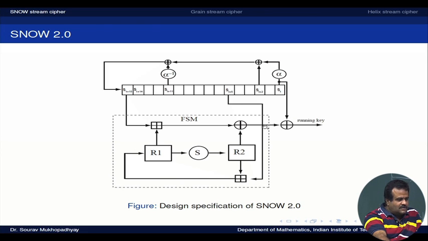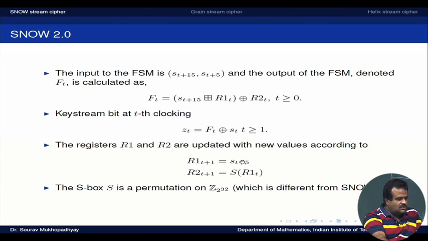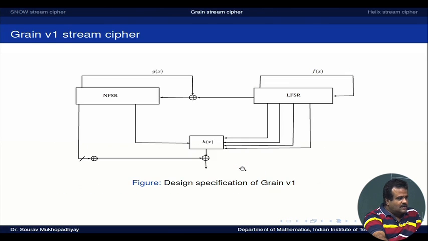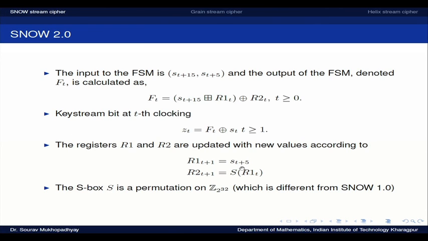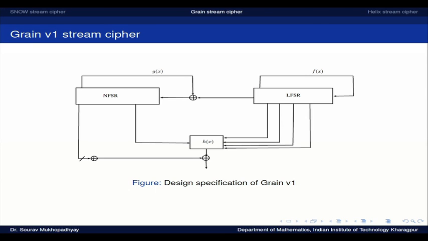This is f_t. F_t is basically added with the R2, and that will give us the new R1. So that is the state update. And for R2, we take the R1 and apply this S box, and that will be the new R2. So this is the way we update this. This is the new version of the SNOW, called SNOW 2.